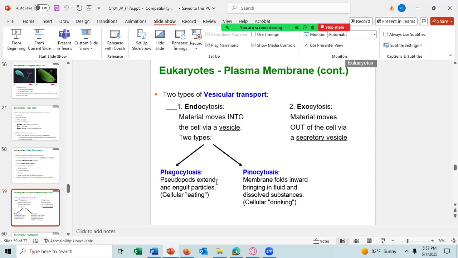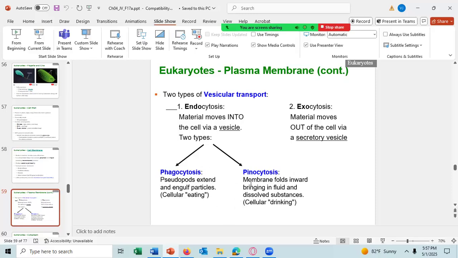Phagocytosis is when pseudopods extend from the cell, growing around whatever the cell wants to bring inside the cell, and then the vesicle forms when the pseudopods meet and fuse, and that will bring the material inside the cell, called cellular eating, or phagocytosis.